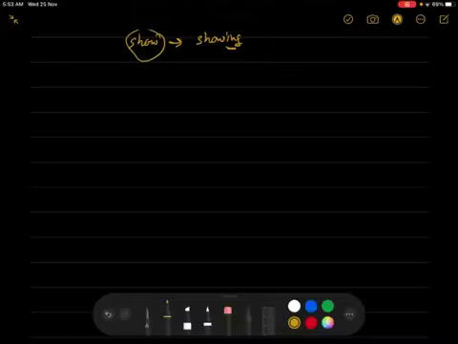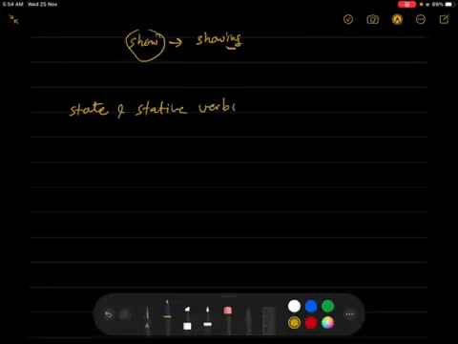Talking about the present continuous, it's ultimately important to know that the state and the stative verbs are used in the present continuous in an unexpected manner. First, you know what are state and stative verbs.